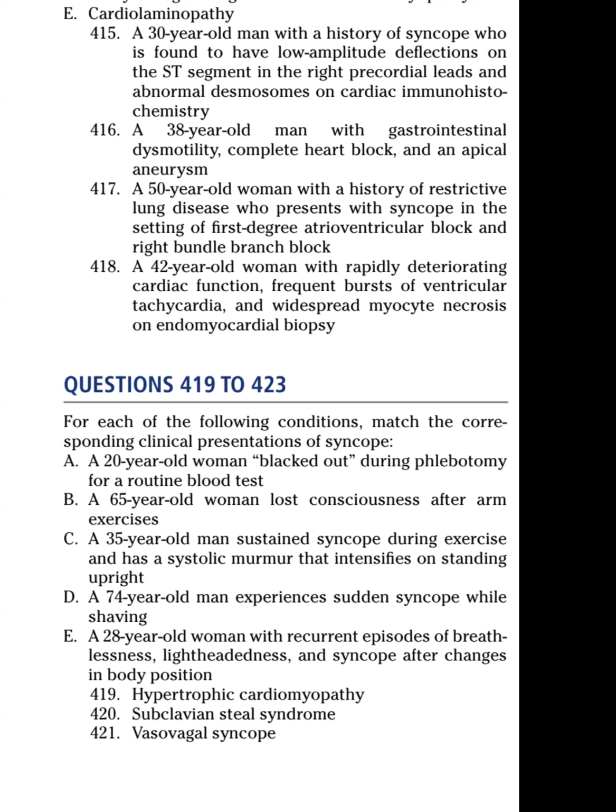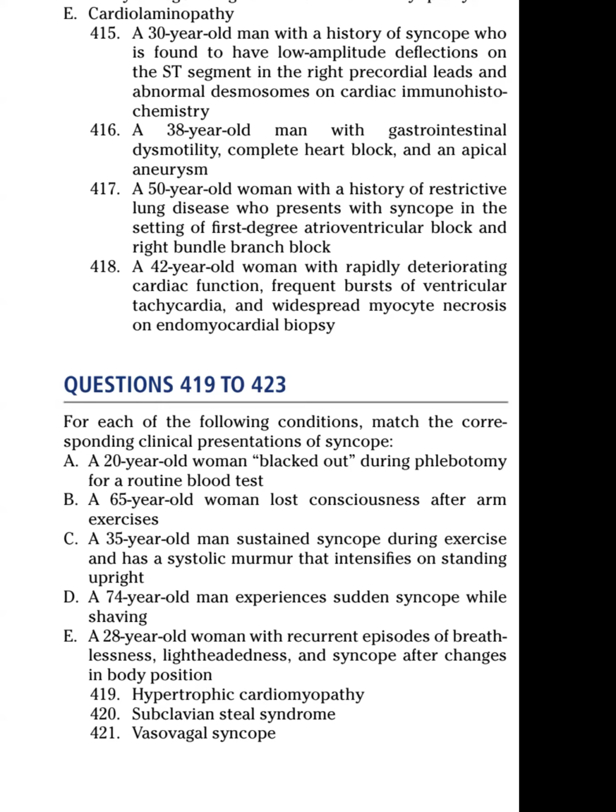So if we look at the options, option C best fits into this: a 35-year-old man who has sustained syncope during exercise and has a systolic murmur that intensifies on standing upright. So 419, the best clinical presentation that matches this is option C.